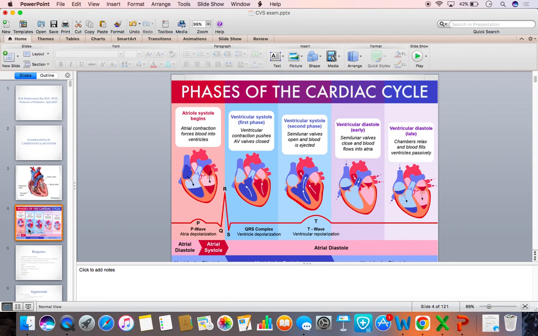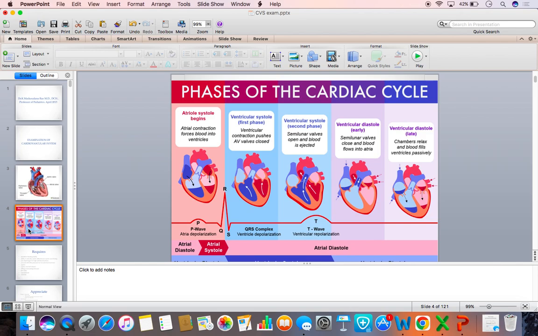In the early phase of the ventricular systole, AV valves close, and ventricular semilunar valves remain closed. This corresponds to the isovolumetric contraction phase of the ventricular systole. As you can see, this early phase corresponds to the QRS complex of the ECG.